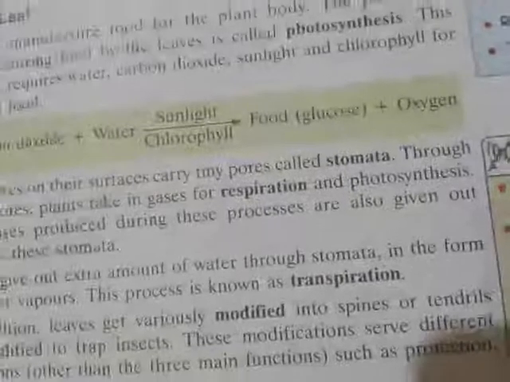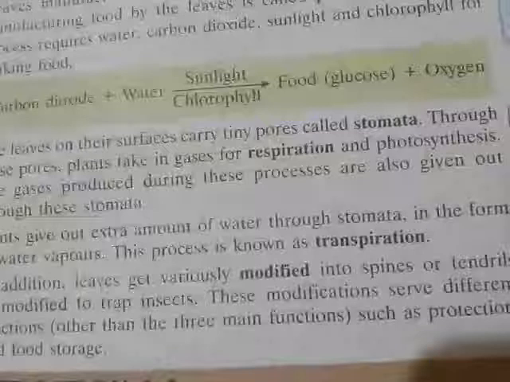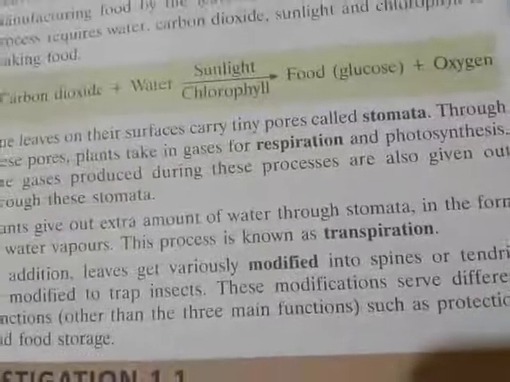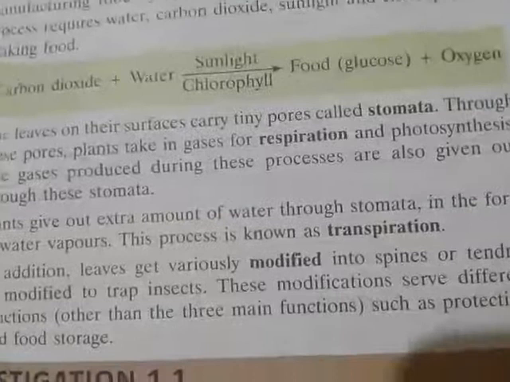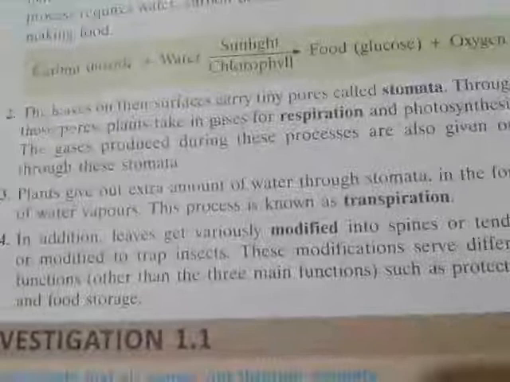What are the functions? The first function is photosynthesis, the preparation of food. The leaves also reduce their water vapors by transpiration through stomata, and leaves are also modified for protection as well as food storage.